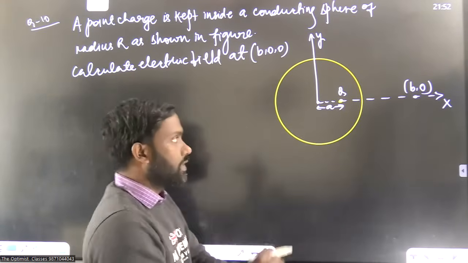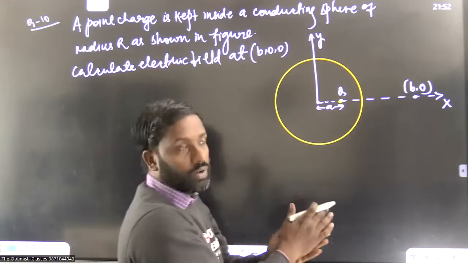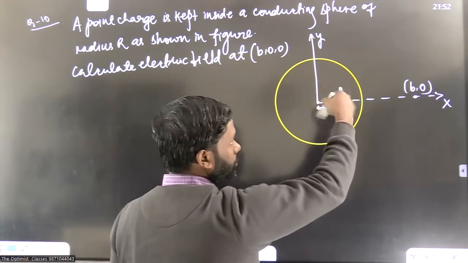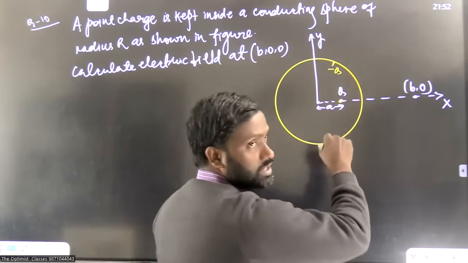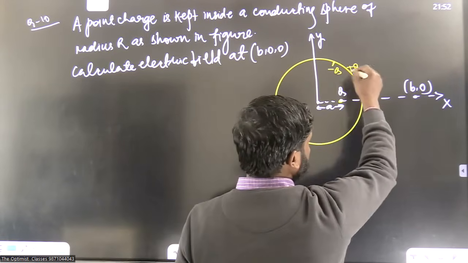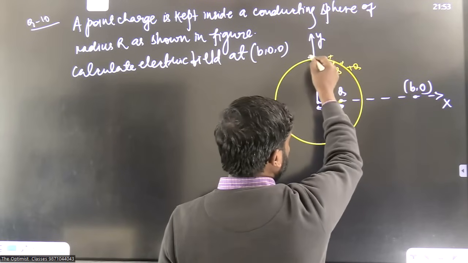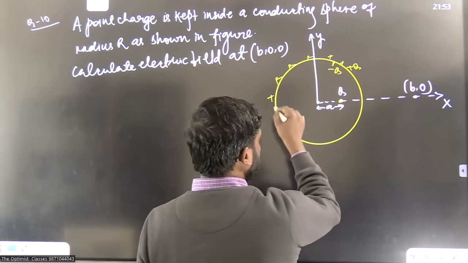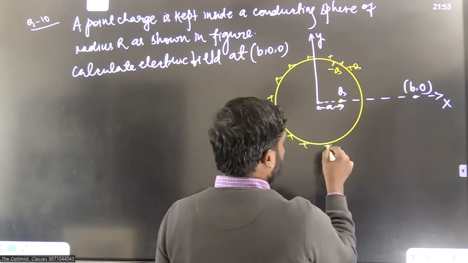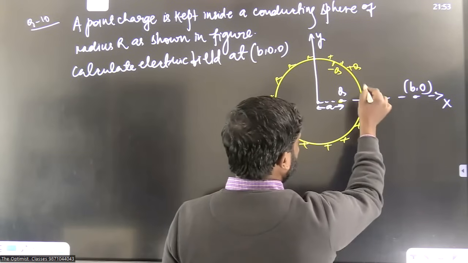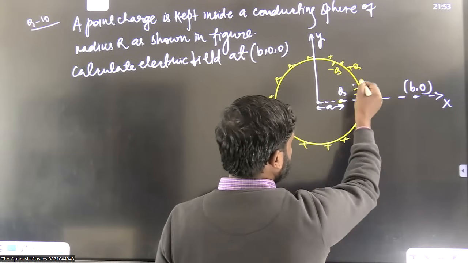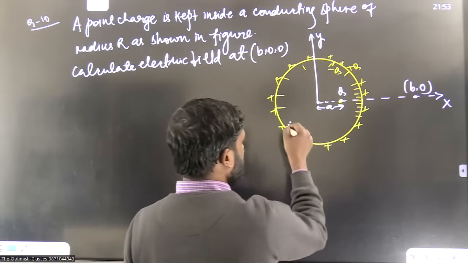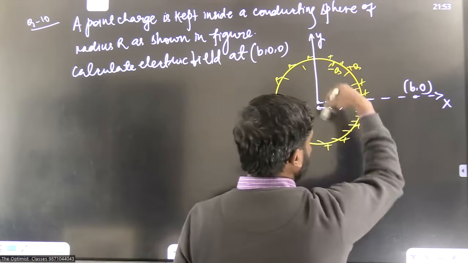It doesn't matter where you put the charge: a minus q charge gets induced on the inner surface and a plus q charge gets induced on the outer surface. The plus q remains uniformly distributed on the outer surface. The minus q is not uniformly distributed; there will be dense negative charge on one side and less dense negative charge on the other.